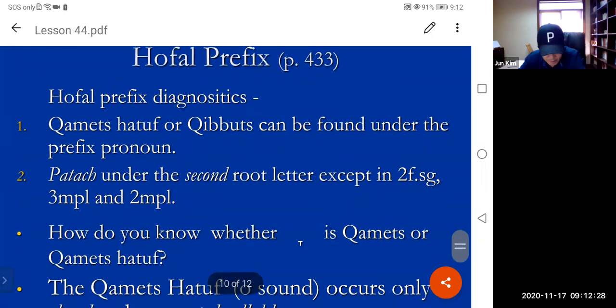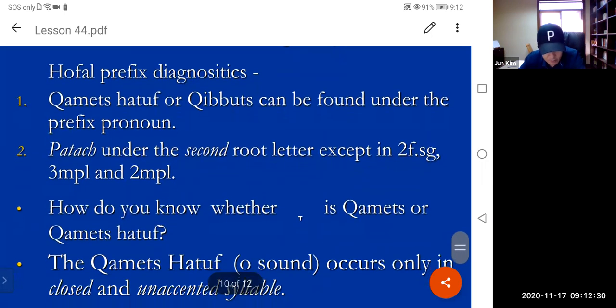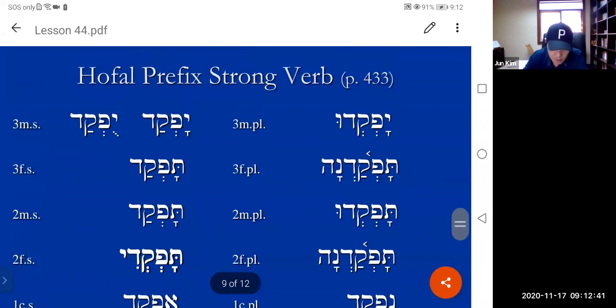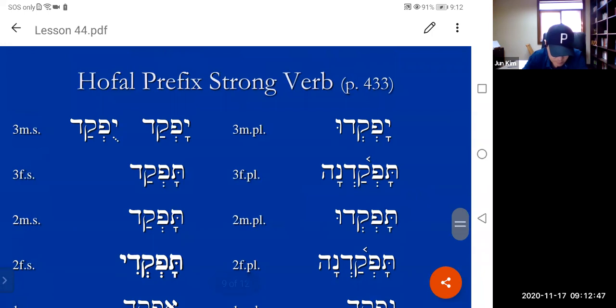Hophal prefix. It talks about, okay, let me just read. Hophal prefix diagnostics: qamets hatuf or qibbuts can be found under the prefix pronoun. You can see in this case, shureq or qibbuts comes under. Where is it?